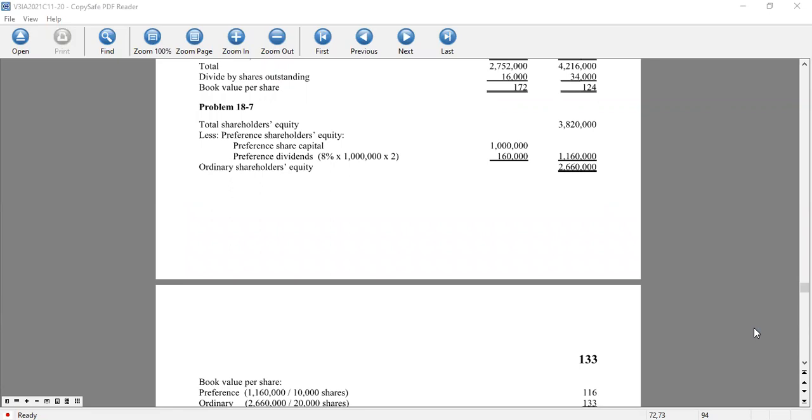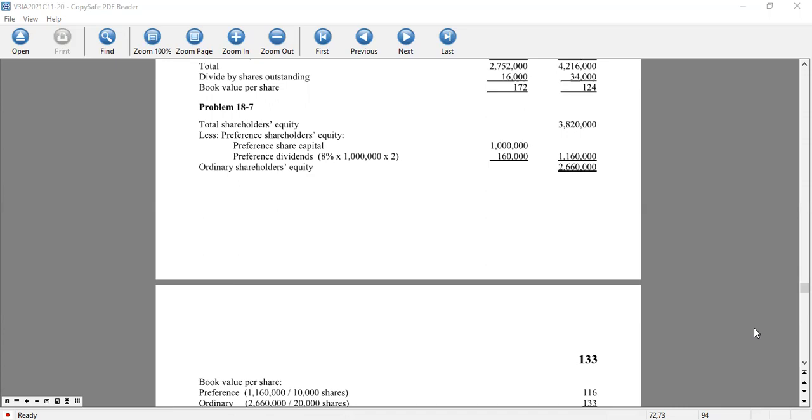First, we compute for the total shareholders' equity of 3,820,000 less preference shareholders' equity, the capital of 1 million, and the preference dividends at 8% multiplied by 1 million and times 2.